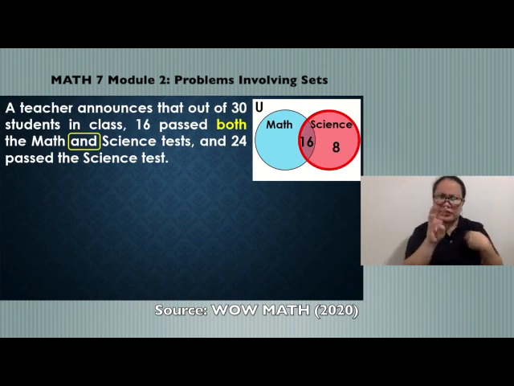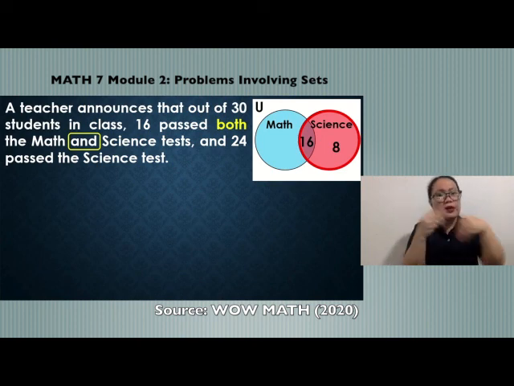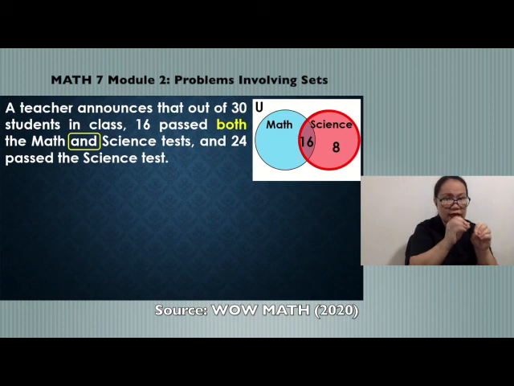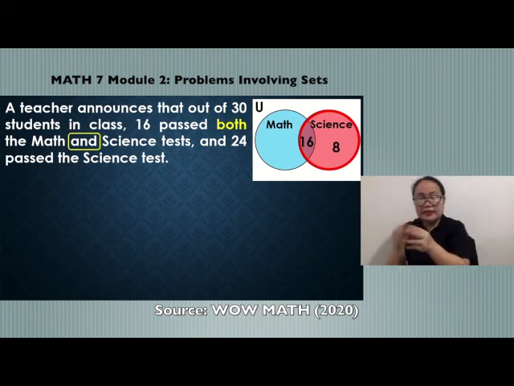So, that means the intersection is part of that. Since we already have 16, 8 is what is missing. So, when we add 16 plus 8, that is 24. So, all who passed science is 24. So, remember, take note that we subtract the intersection when we place data in science. Okay?